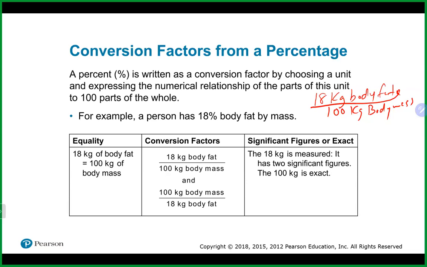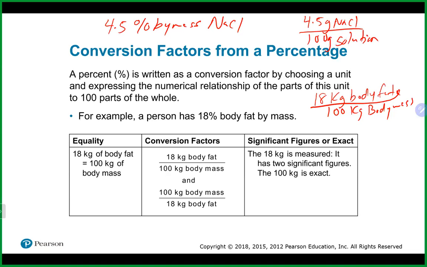You could do it in pounds, right? 18 pounds and 100 pounds. So you can sort of be versatile the way you do it. You know, if you had a 4.5% by mass sodium chloride solution, you could just basically say that your solution has 4.5 grams of sodium chloride in 100 grams of solution.